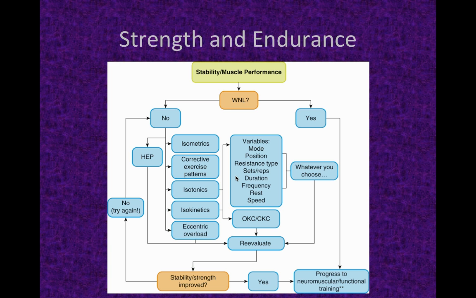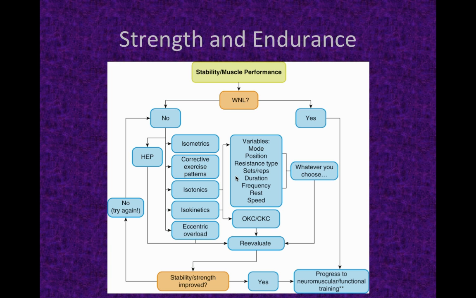And then we have maximal short arc isotonic exercises. You're going to keep moving through that short arc, getting more range of motion every time until you've reached full range of motion, maximal isotonic exercises. So moving through range of motion against resistance, and you're trying to move as much weight as you can for the given sets and reps that you've set up.